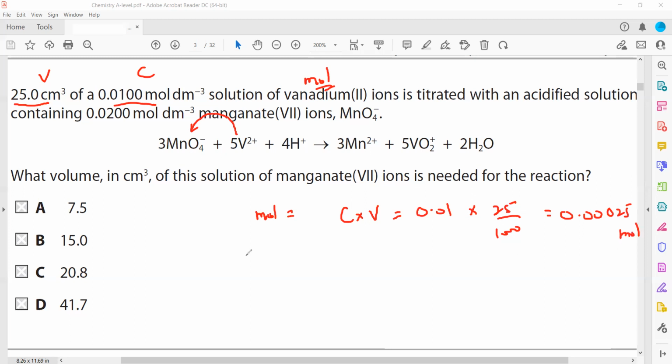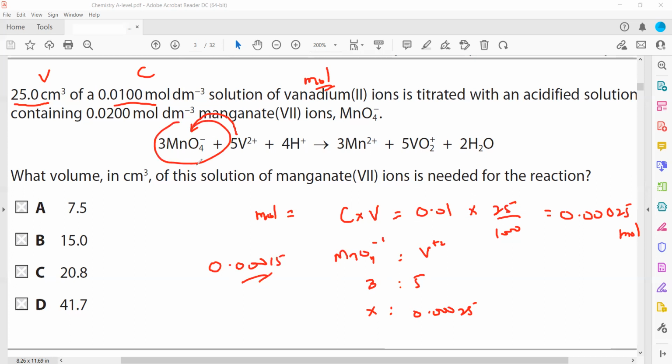And the ratio is 3 to 5 between MnO4⁻ to vanadium. So if 3 to 5 is the ratio, and we have 0.00025, this will be x. So multiplied by 3 divided by 5, we get the moles, 0.00015. These are the moles we'll get for MnO4⁻.